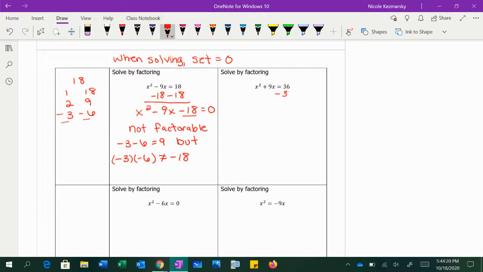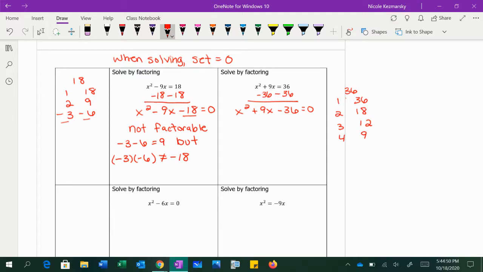So I'm going to subtract 36 and get x squared plus 9x minus 36 equals 0. Do factor pairs for 36. So we've got 1 and 36, 2 and 18, 3 and 12. That looks like it might work. It's 4 and 9 that are the next one.